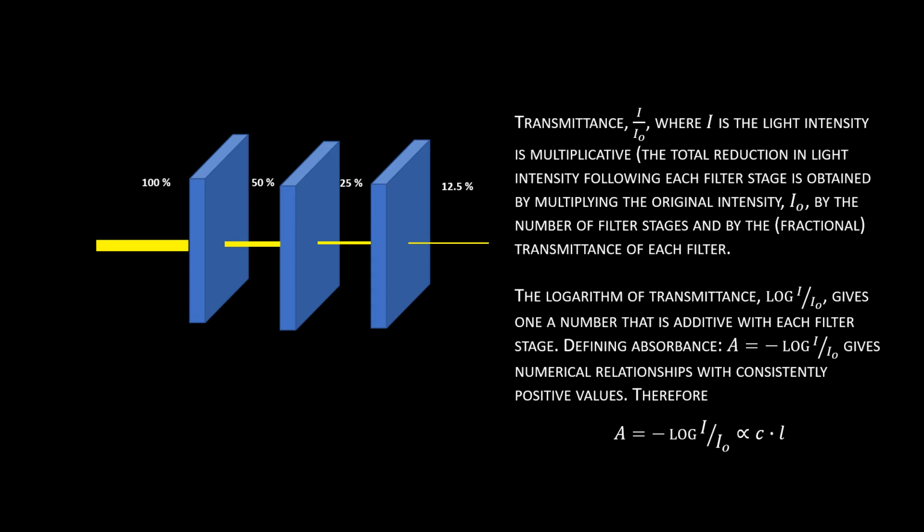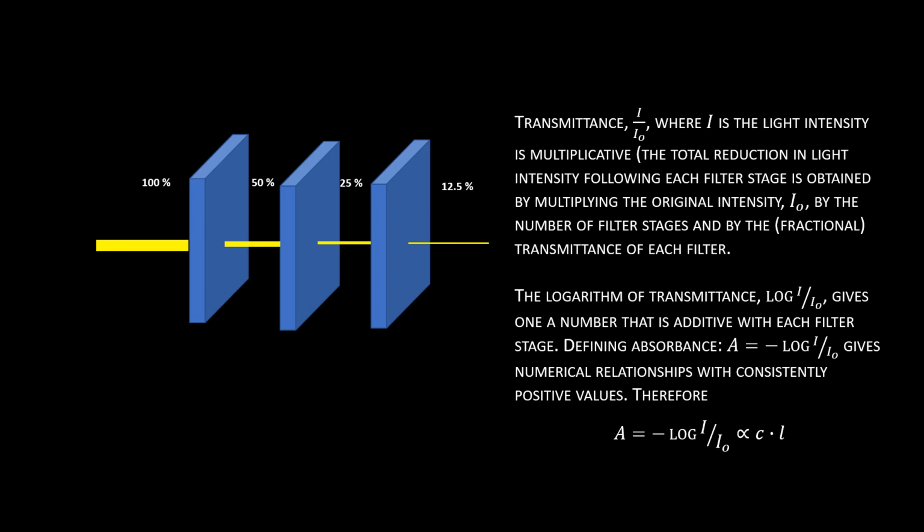And then for the total absorber, each stage would just be adding 0.3, 0.3, 0.3, as opposed to multiplying 0.5 times 0.5 times 0.5, which seems like a trivial point at this stage. However, when you want to relate this to the concentration and path length, the additive measure works out better for you. You don't have to multiply the same number times itself, so you're not working on a square law, you're working on an additive or multiplicative law.